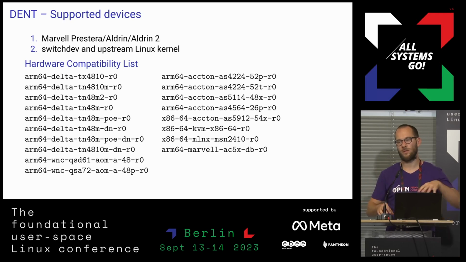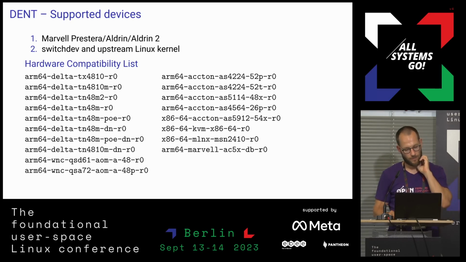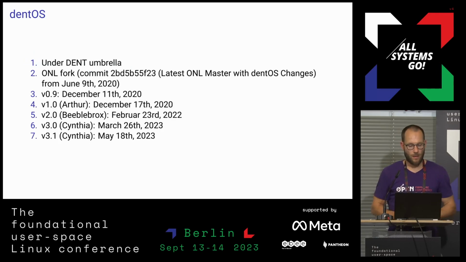And I said Cumulus left the project, so you could probably get it working, but there's only one device on the list, and it's probably not well tested anymore. And the other stuff is from Delta and Wistron and Accton. Accton is Edgecore, the same name. Yeah, so that's the biggest downside.